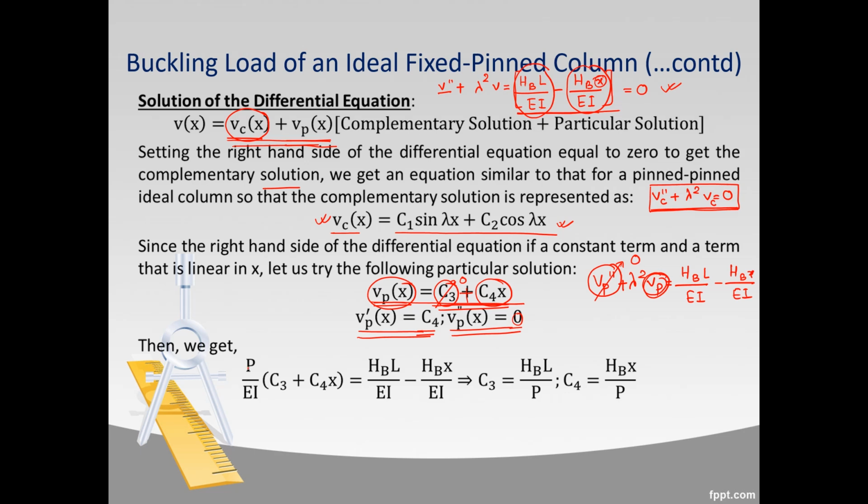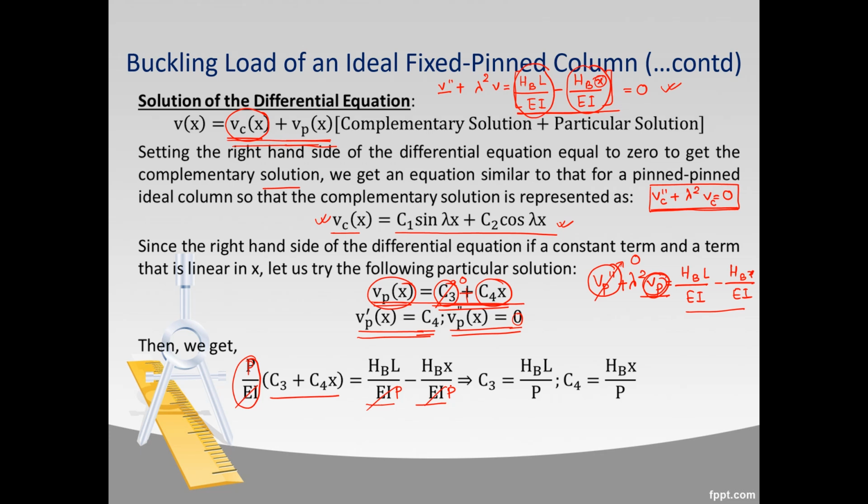So lambda square is P by EI, times Vp, which is C3 plus C4x, equal to the right hand side terms, that is HBL by EI minus HBX by EI. Now the EI terms will be cancelled, and when we take this P to the right hand side, it will go to the denominator.